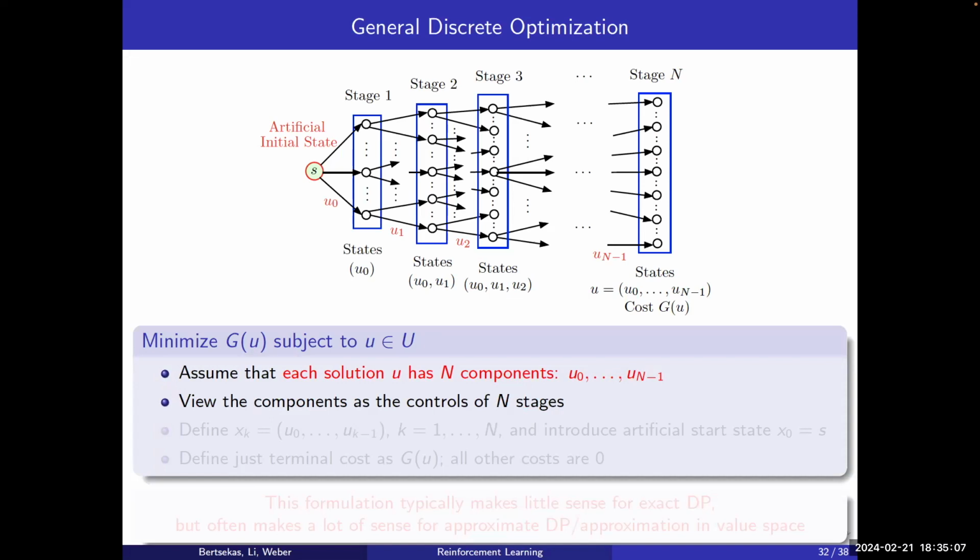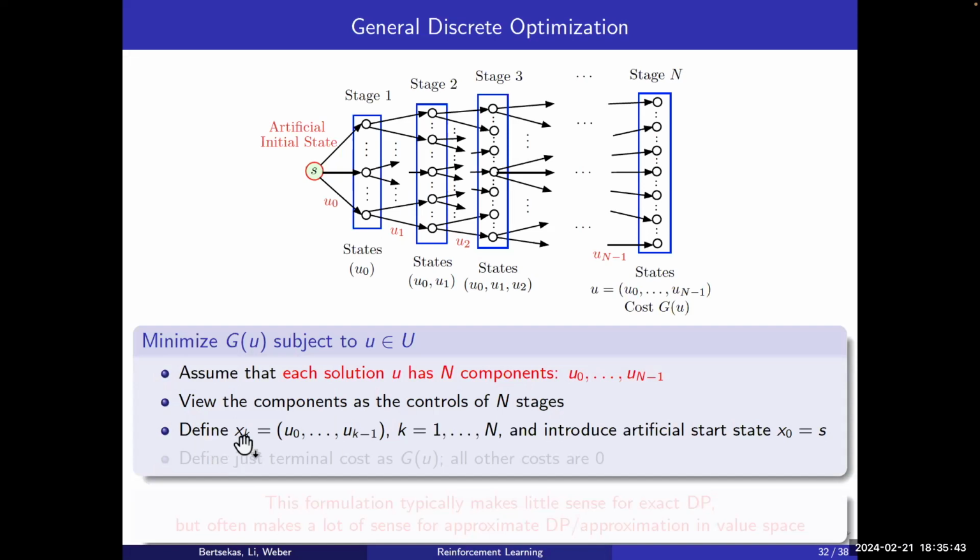So the problem can be viewed as a finite horizon optimal control problem that can be treated exactly in principle by dynamic programming, whereby starting from an artificial initial state, we select the first component of control and view as state this newly selected control component, and move on to the next stage by selecting the second component.